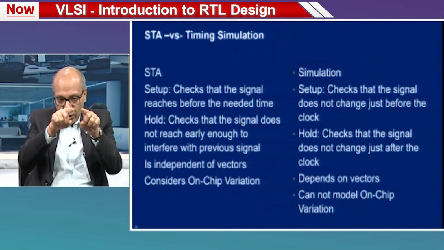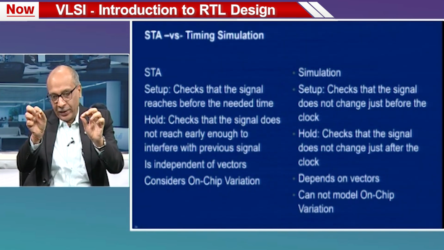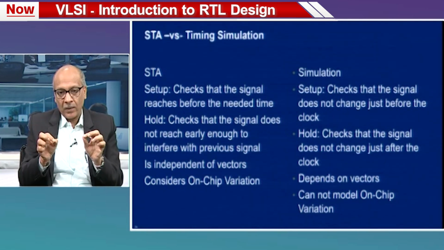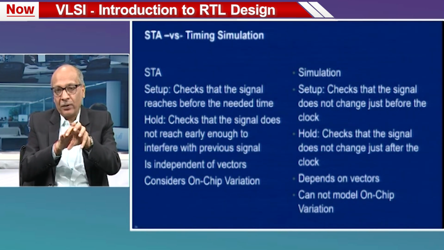Now, think of a chip. On a chip, there will be an AND gate here, there will be an AND gate here, there will be an AND gate here, and so on. Within the chip itself, there might be difference in temperature at various places. So, STA can consider that this AND gate could be working at a higher temperature while this AND gate could be working at a lower temperature.